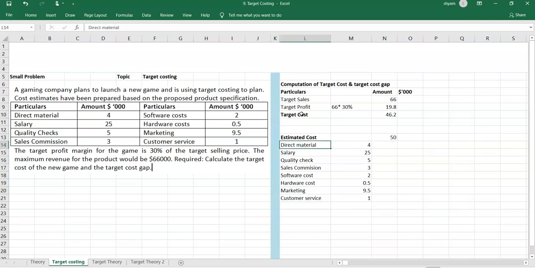So what is the cost gap? The cost gap is the difference between the estimated cost, which is what it takes to produce the product, and the target cost, which is the cost that has to be met. So let's get the answer.